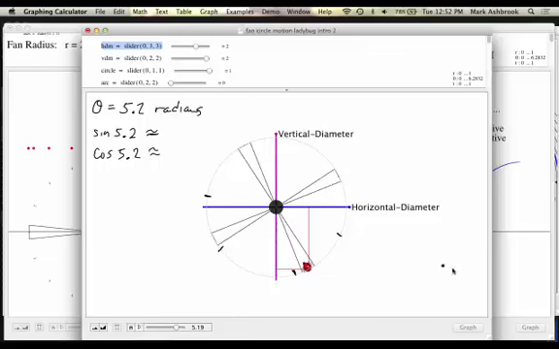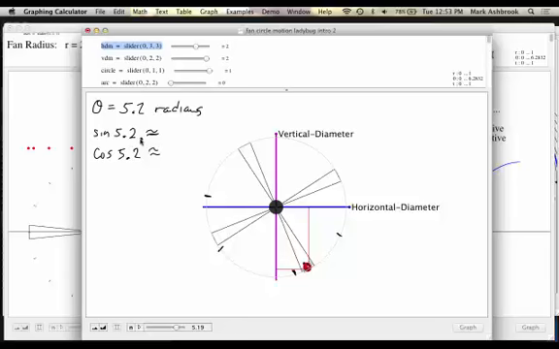So how about Taylor? Do you have an estimate for sine of 5.2? Okay, so what does the sine mean? The output of sine is what? Measured in? Nope. Radians is angle measure. So how are we measuring that vertical distance?